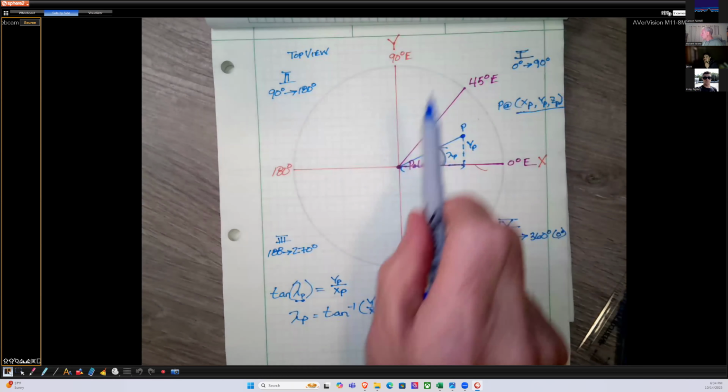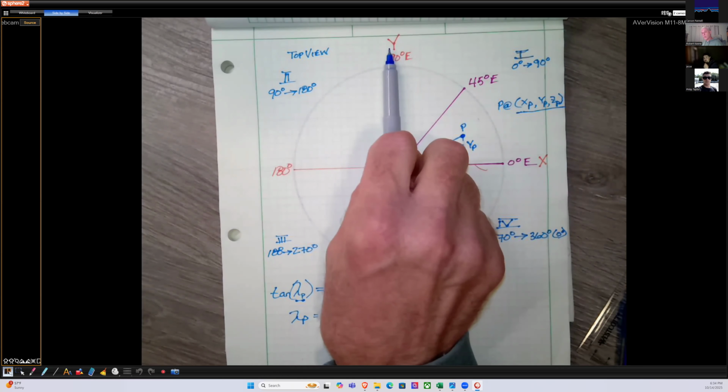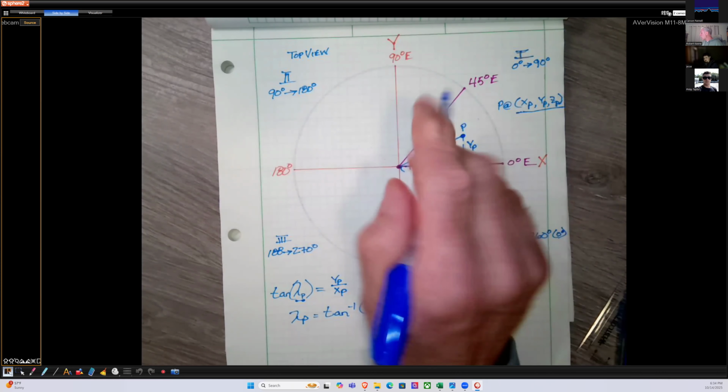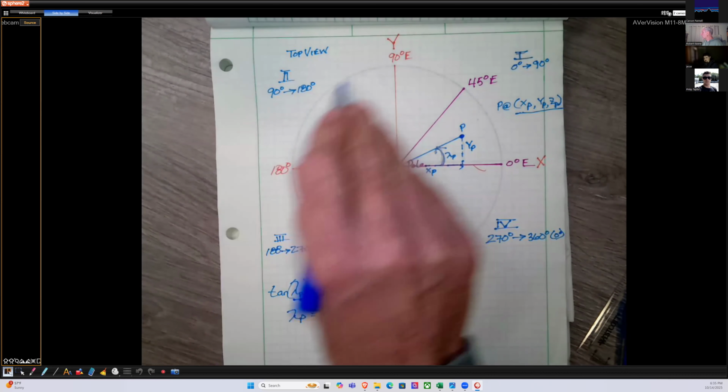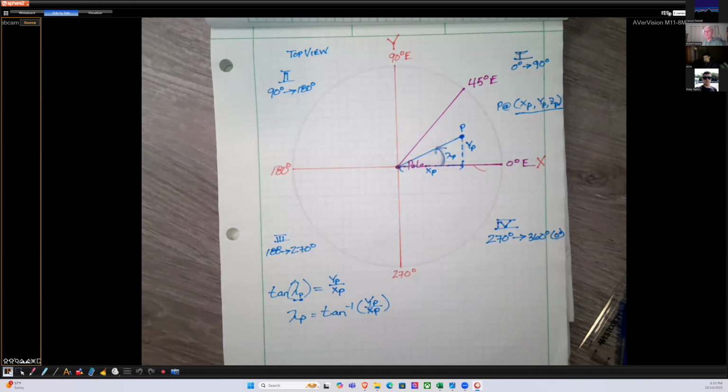Because when we're calculating azimuth, we're interested in the angle off of the north axis. So we're interested in a clockwise direction. Right? Sure. I mean, it makes sense. Azimuth is defined as being the angle clockwise from the north axis.